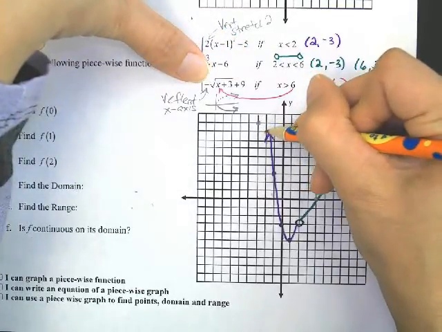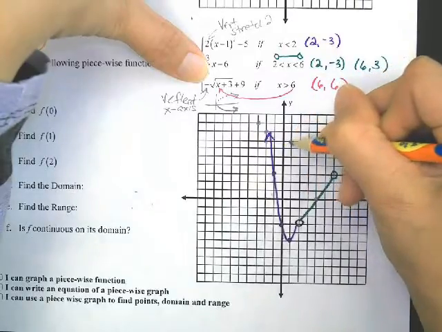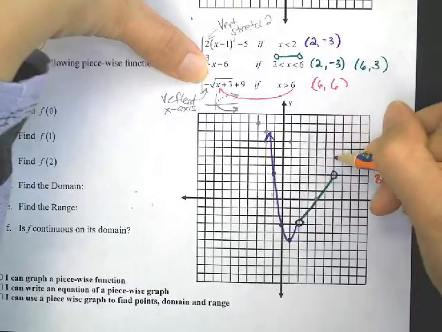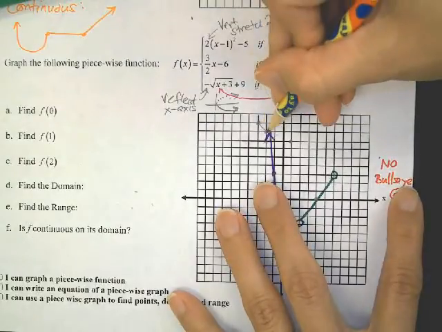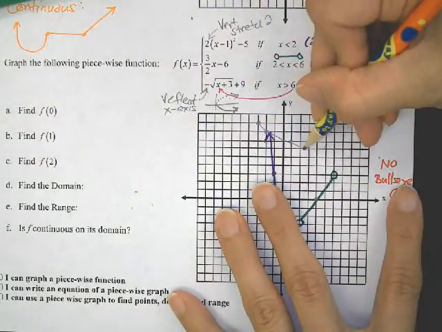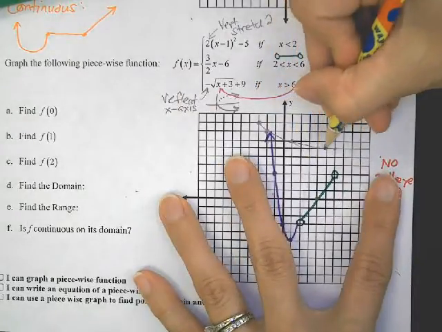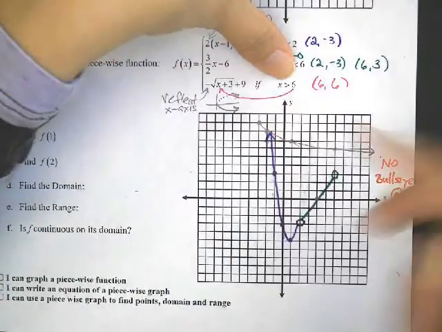So down 1 over 1, down 1 over 3, down 1 over 5, down 1 over 7 off the graph paper. So here's the square root, going down, down, right, down, down, right, down, down, right, except I only want the piece that's greater than 6.